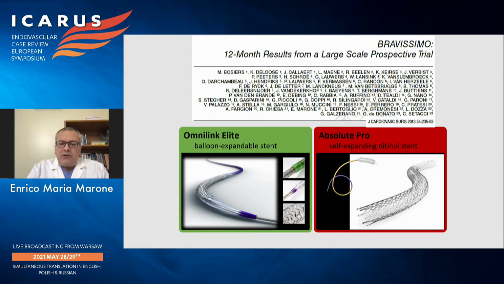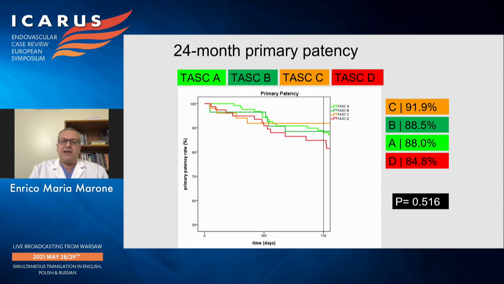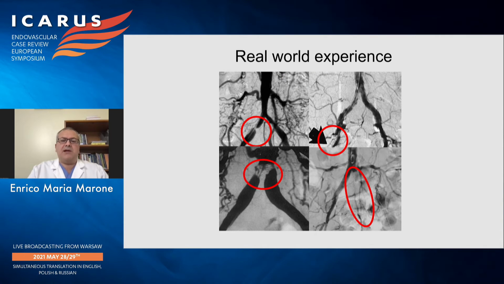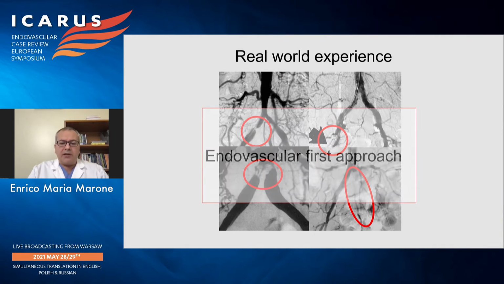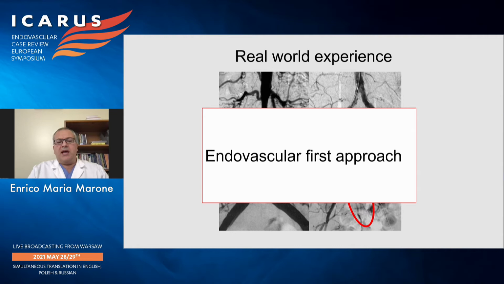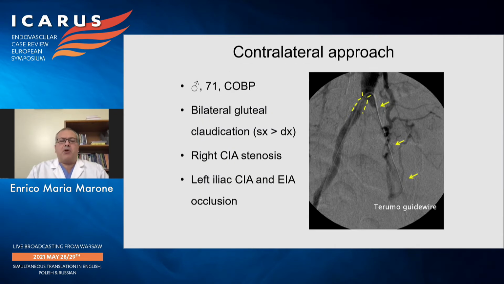I had the honor to participate in this randomized trial, which demonstrated very good results of endovascular treatment for iliac artery disease, even in TASC C and TASC D lesions at 2 and 3 years. So in the real world, these lesions are treated with the endovascular first approach.